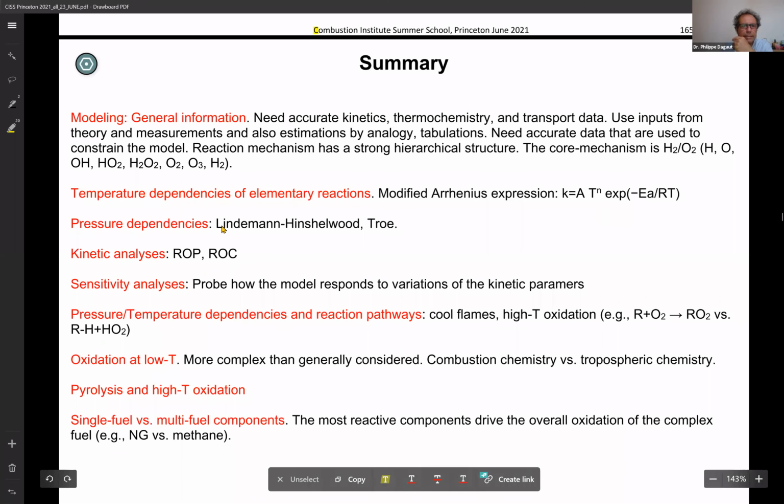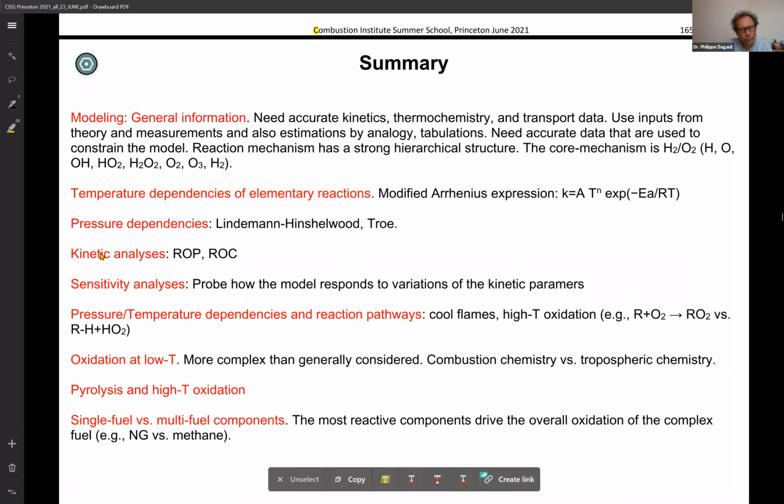Pressure dependencies can be handled using a different approach. The simplest approach is the Lindemann-Hinshelwood approach, but it doesn't accurately fit the experimental results most of the time. The Troe approach is a much better approach to fit those.